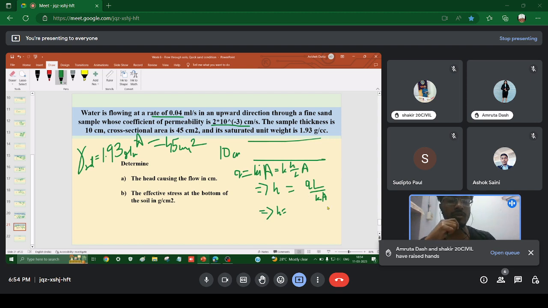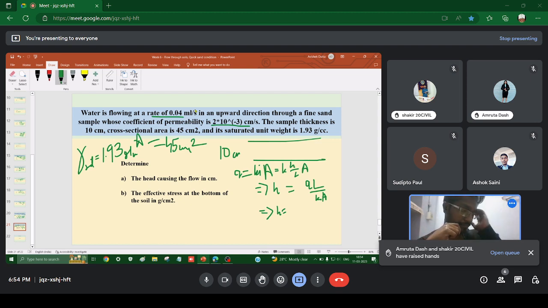Substitute everything over here. Q is 0.04 ml per second, that is equal to cc per second, because 1 ml equals 1 cc. So there is no need to do any extensive conversion for that. What is the answer?